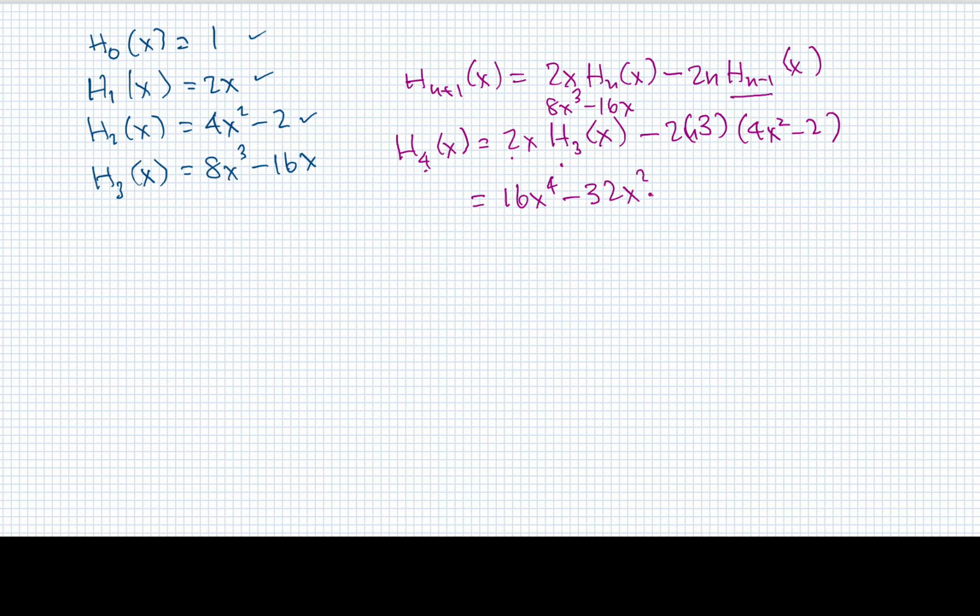Minus 6 times 4x squared, minus 24x squared. And then it's a minus, so plus 12. So I'll end up, all in all, with an expression that's 16x to the fourth minus 48x squared plus 12. And that would be my H4 polynomial, Hermite polynomial in this series.